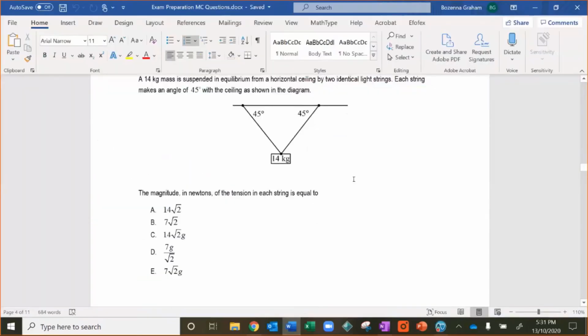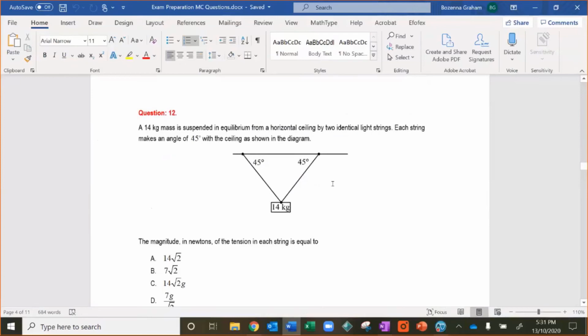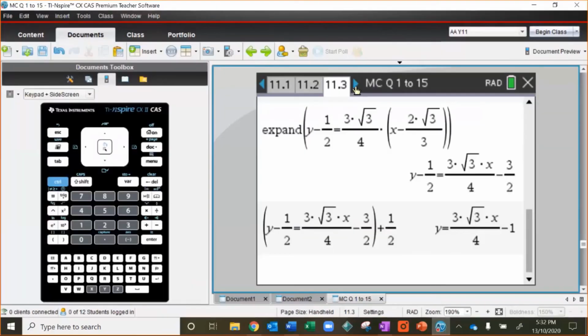Question 12 is our statics question. We have 14 kilograms hanging in equilibrium, and we have 45, 45, so we have 90 degrees here, and we wish to find the tension. I will use Lami's theorem. We have three forces, so I can say 14g over sine of 90 degrees is T over sine of 135 degrees.